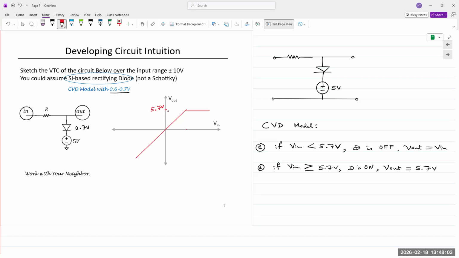So here, in this range, V out equals V in, and here, V out equals 5.7. All right, let's take a pause.